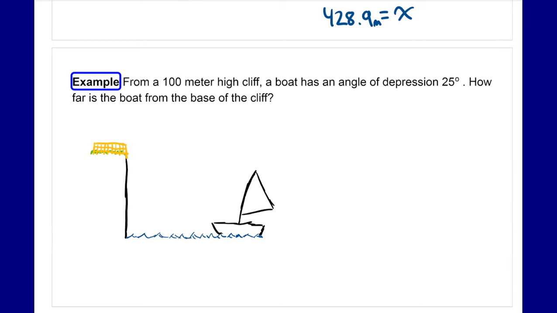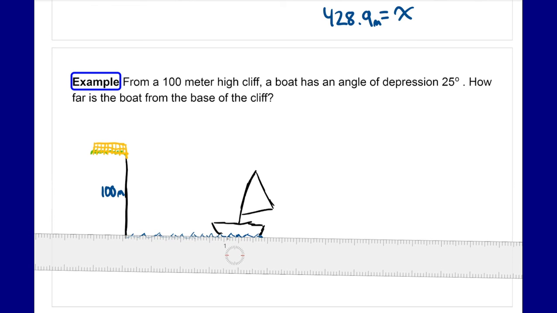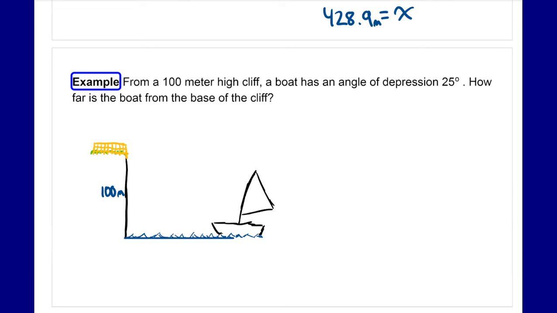We know that's a 100-meter tall cliff. We want to know how far is the boat from the cliff? And we are given that the angle of depression is 25 degrees.